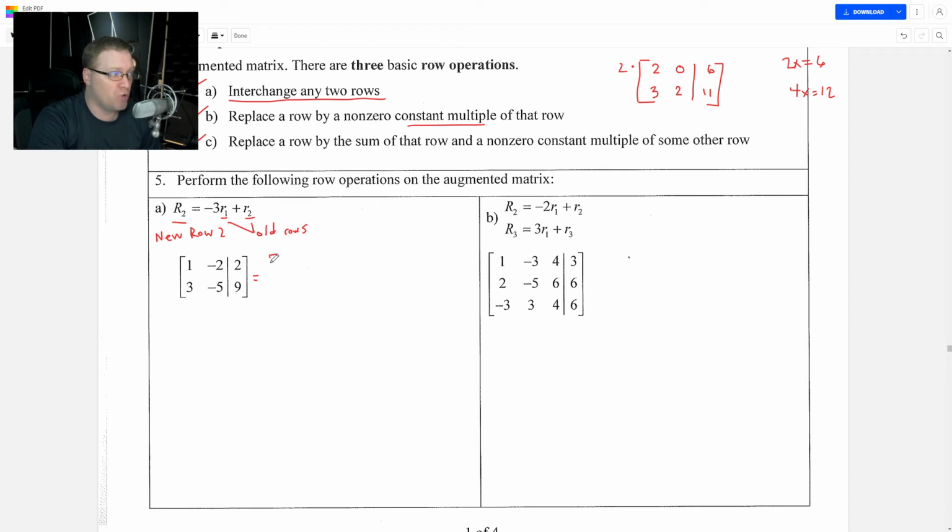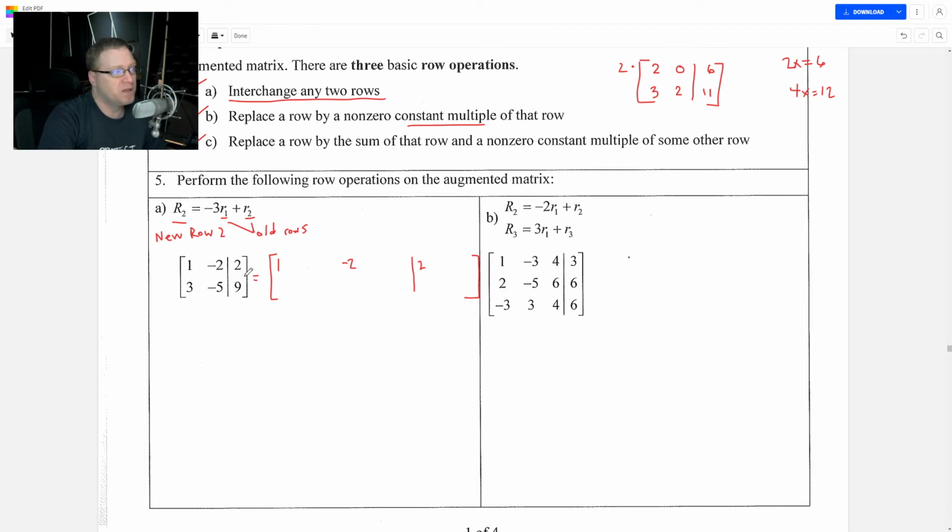So our old row 1, which is this one, 1, -2, 2, is not going to change. So I'm going to give a little space here and write 1, -2, 2. All right. So that is the first row of our new matrix.